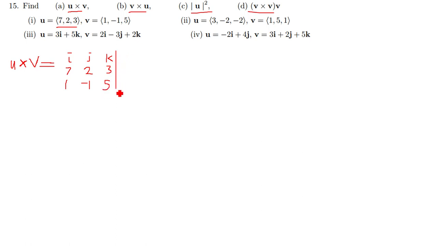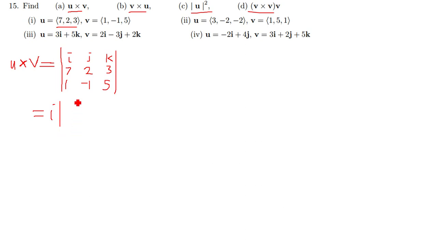Then to find this cross product of u and v, the determinant, sorry, not the magnitude, the determinant of this will give you the cross product of u and v. So how do you find the determinant? According to matrices, you say i times its minor.